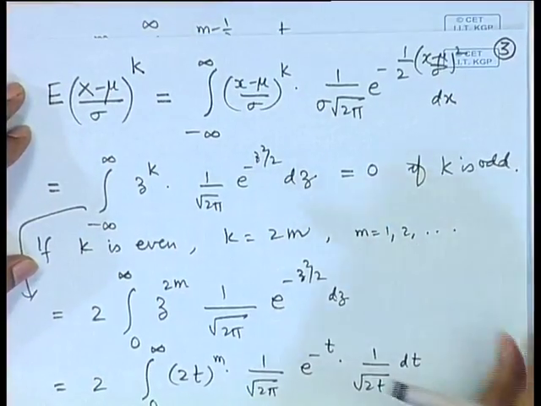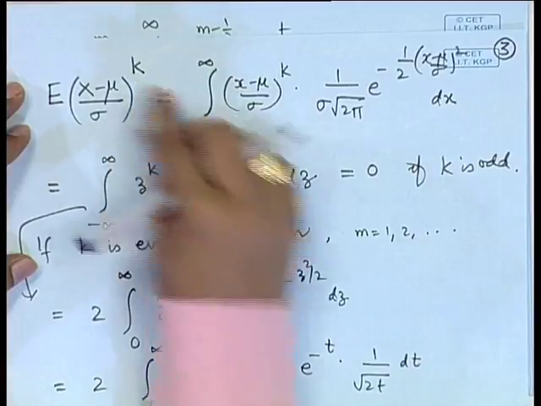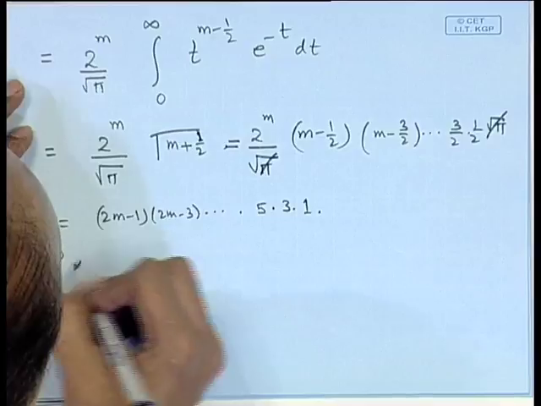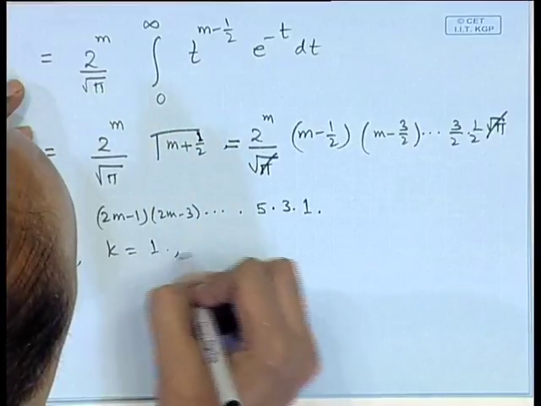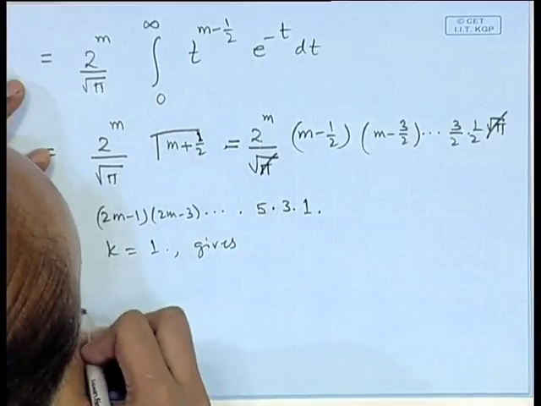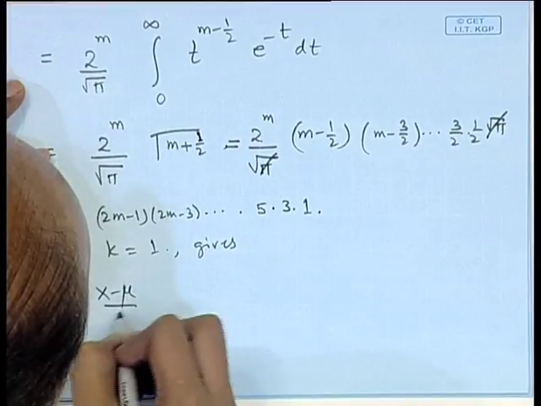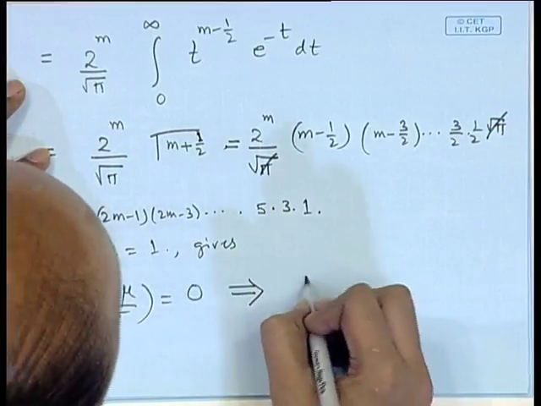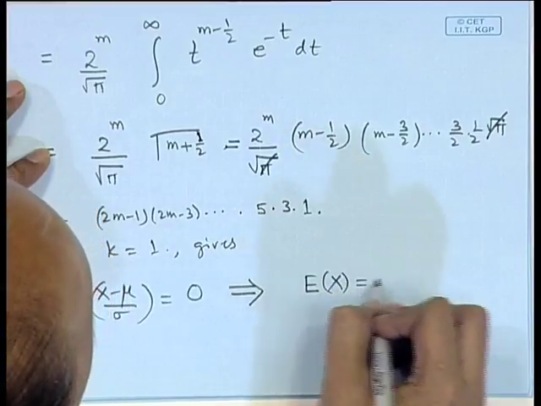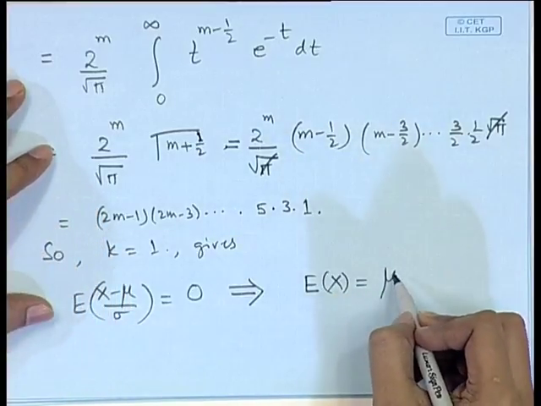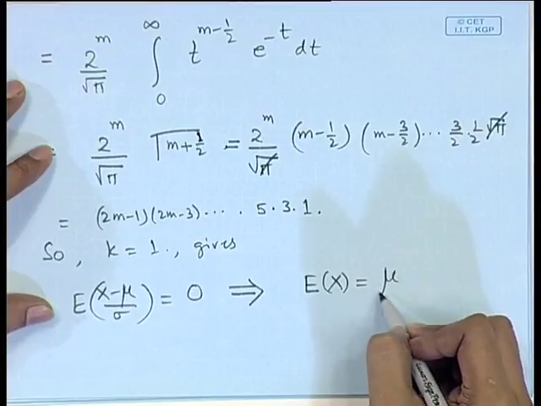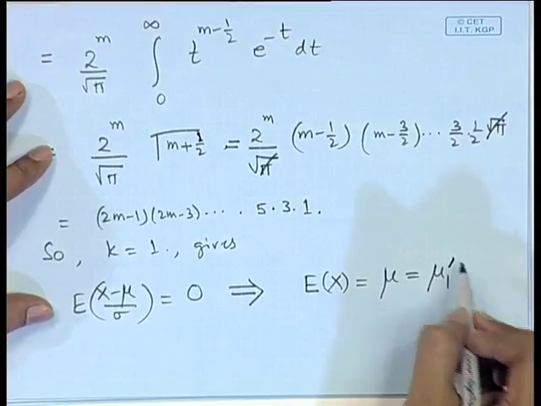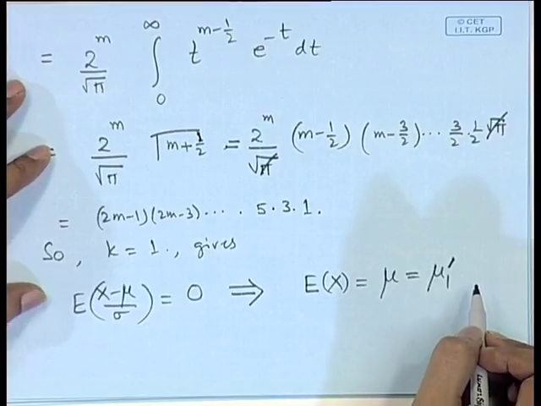So, if we utilize this, suppose I put k equal to 1, then this is 0. So, k is equal to 1 gives expectation of (x minus mu) by sigma is equal to 0, which means that expectation of x is equal to mu. That means the parameter mu of the normal distribution is actually the mean of it, the first non-central moment.